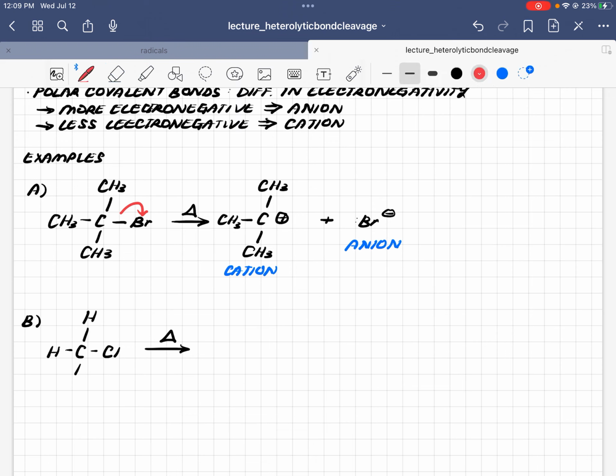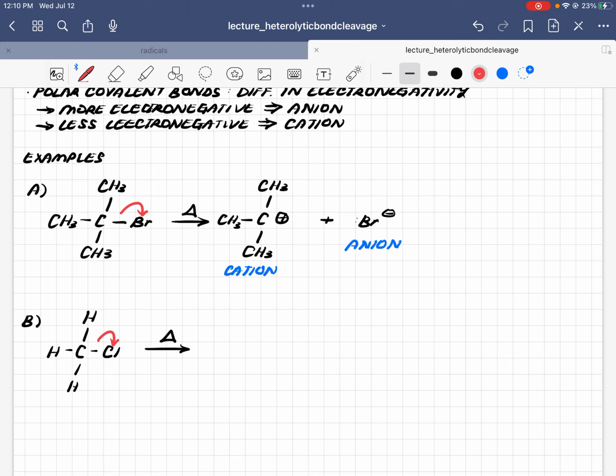This should be a hydrogen atom, but we will have a difference in electronegativity here, where the chlorine atom is more electronegative than the carbon.